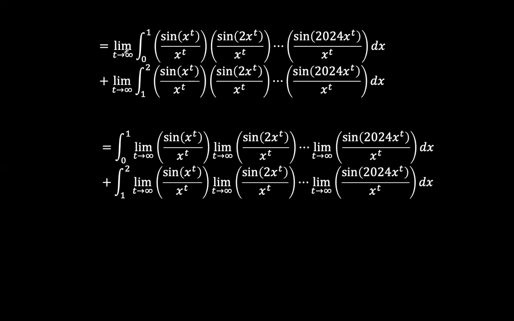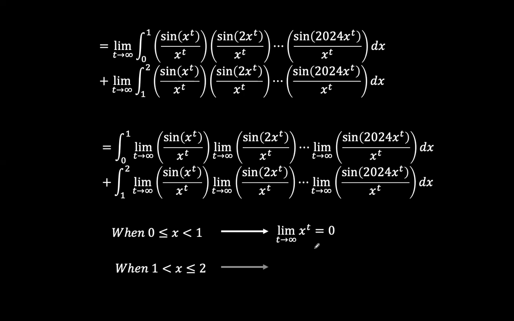So we've taken this limit and applied it to the individual elements as shown here. Then going forward, as we stated previously, between 0 and 1, x to the power t tends to 0 as t tends to infinity. And between 1 and 2, when t tends to infinity, x to the power t goes to infinity as well.